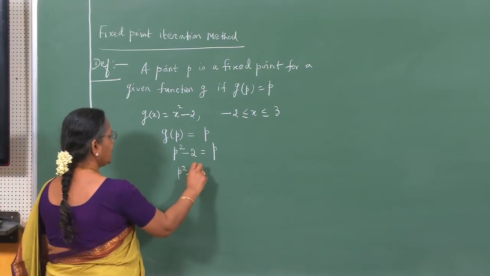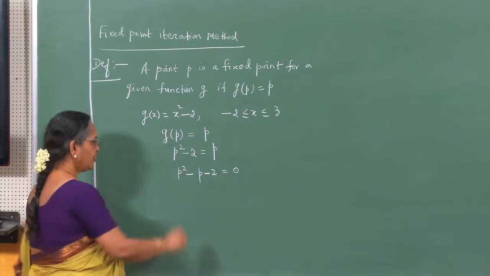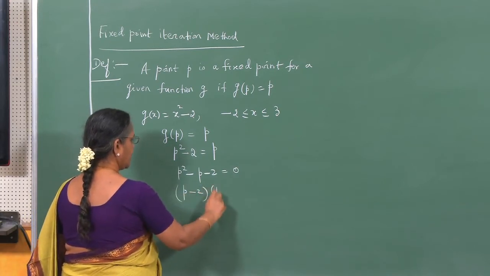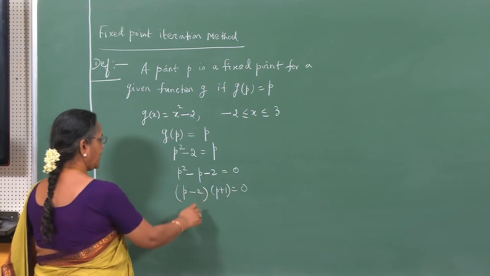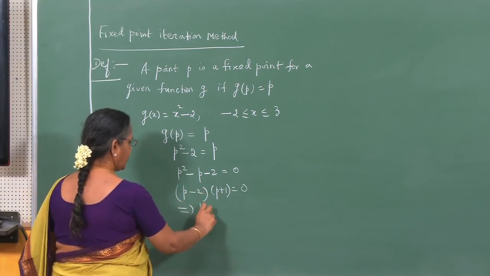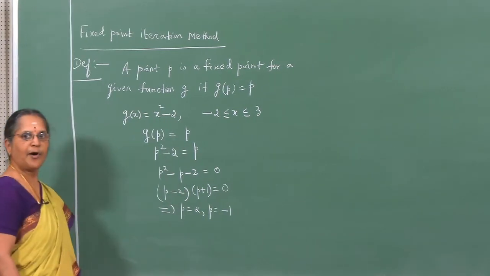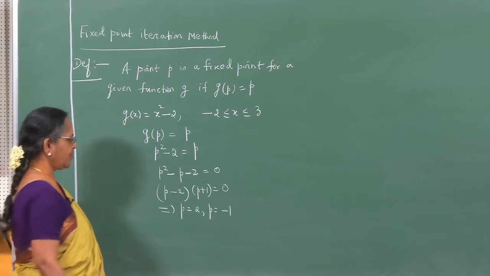So, p square minus p minus 2 must be 0, and so this is p minus 2 into p plus 1 equal to 0, which gives p equal to 2 and p equal to minus 1 are points which have the property that g of p equal to p.